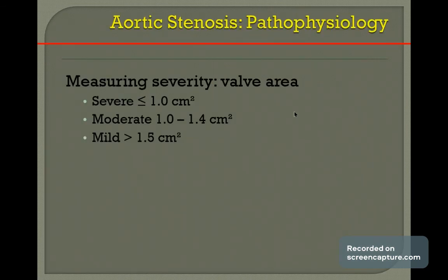So the normal area is about 2 to 2.5 square centimeters. Mild stenosis is 1.5, moderate is 1 to 1.4, and severe is less than 1.1 square centimeters.